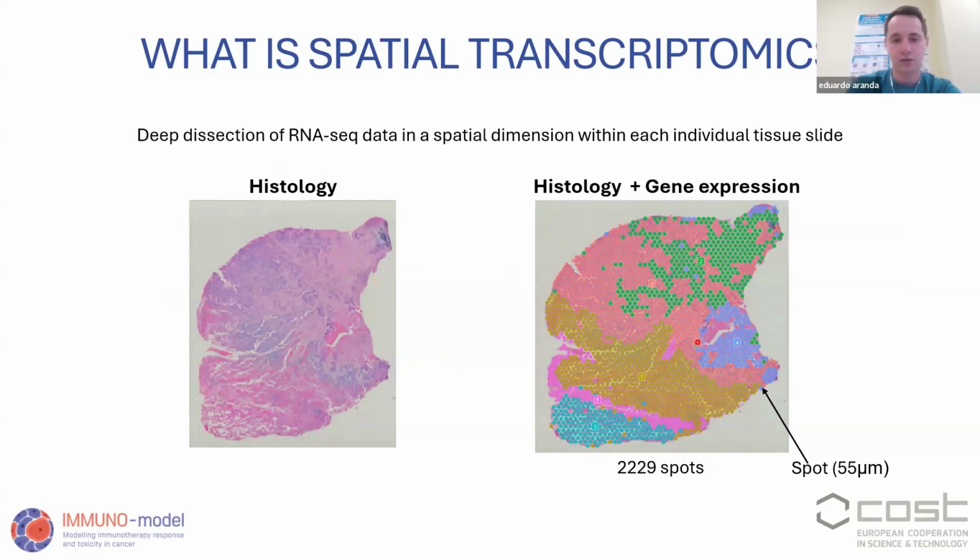And the spots, or these points, refer to small regions in the tissue where gene expression is measured and contain a mixture of cells. Each spot is approximately 55 micrometers, and you can see in each spot which genes are present and in which quantity. And for example, this sample has 2,229 spots.